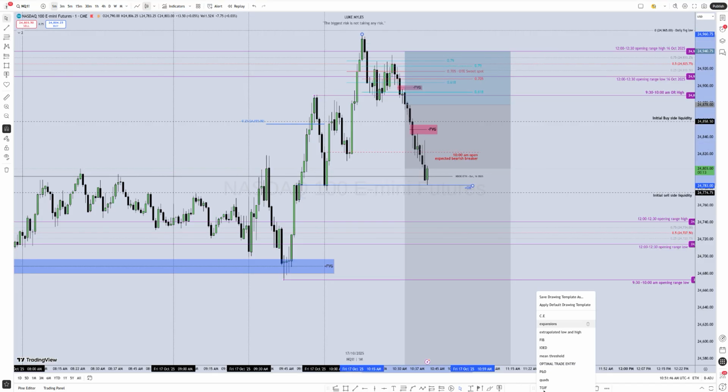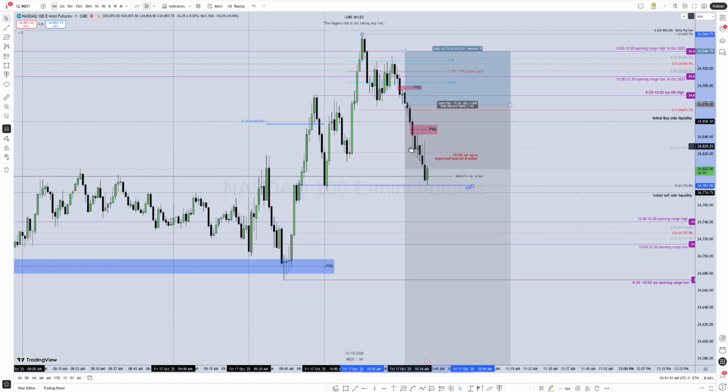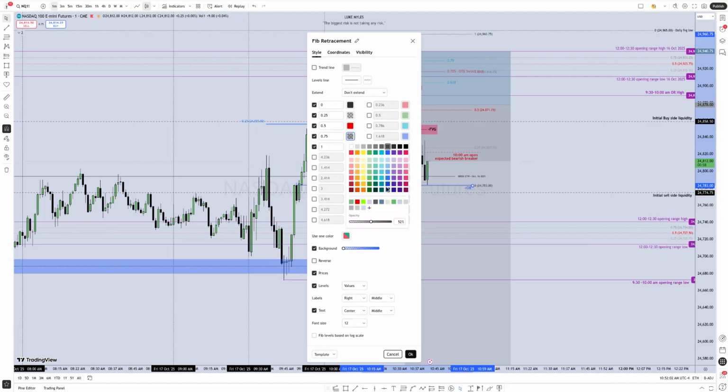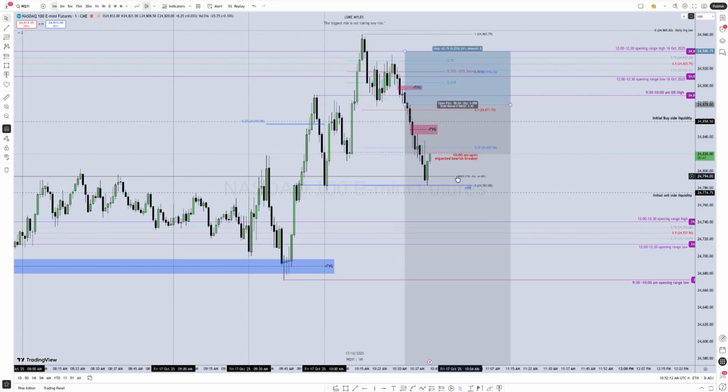I wouldn't draw this if I didn't have the market reacting from that. This needs to be extended and made blue, black, blue, and then reverse.